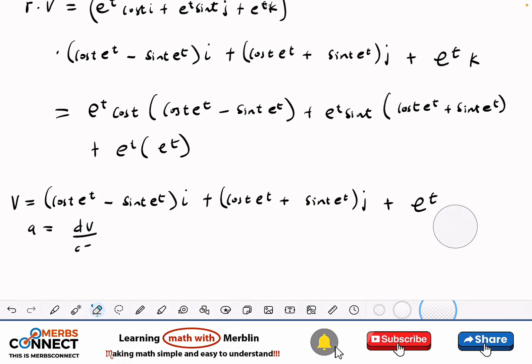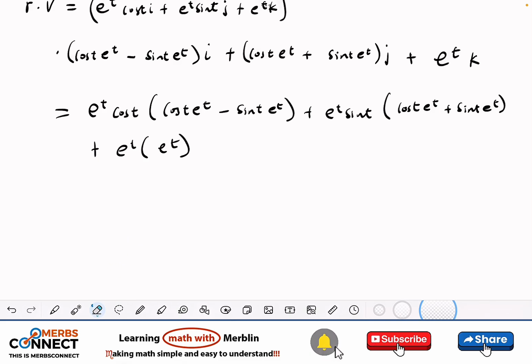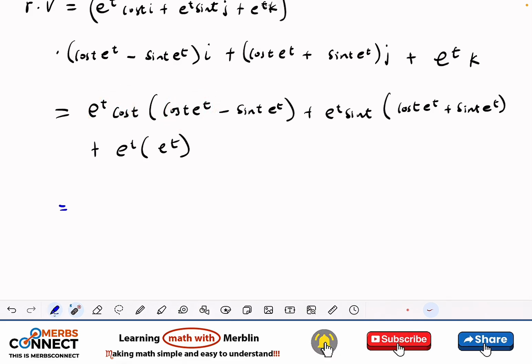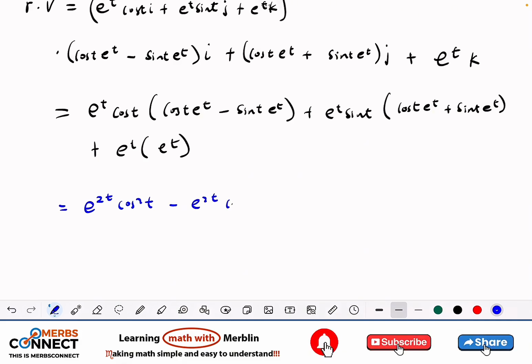Remember, whenever we do dot, we need to get a scalar. So we don't have the i, j, k again. So when I multiply this one to this, I'm going to have something like this. e to the power 2t cos squared t minus e to the power 2t cos t sin t, right?